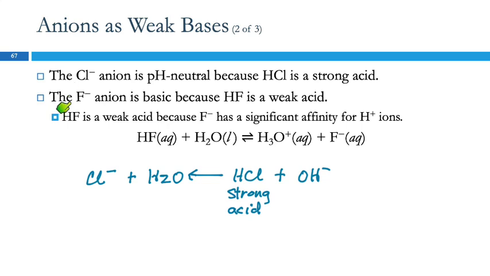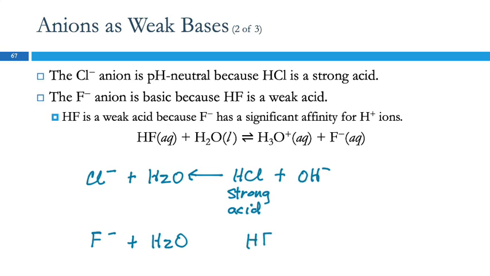If we look at a similar anion, fluoride, a solution of F minus ion is going to be basic because HF is a weak acid. So when HF is dissolved in water, it forms a few F minus ions and a few hydronium ions, but there's also a bunch of this present. So if we have F minus coming from, say, sodium fluoride, what's going to happen with that?